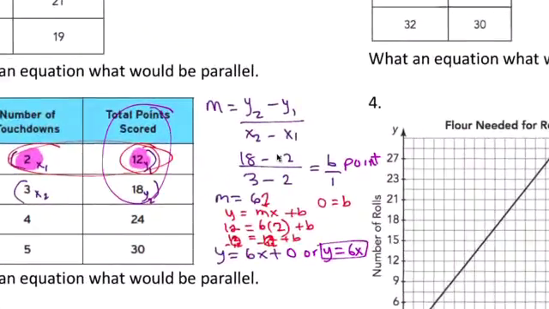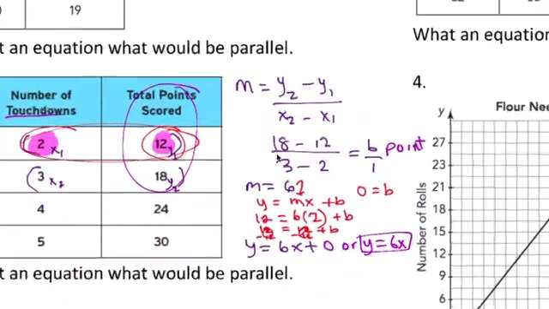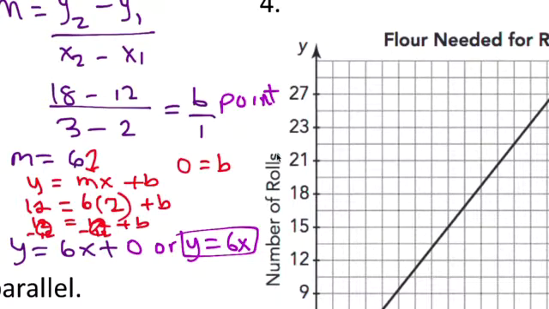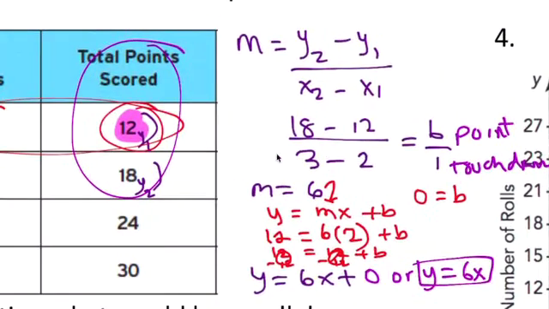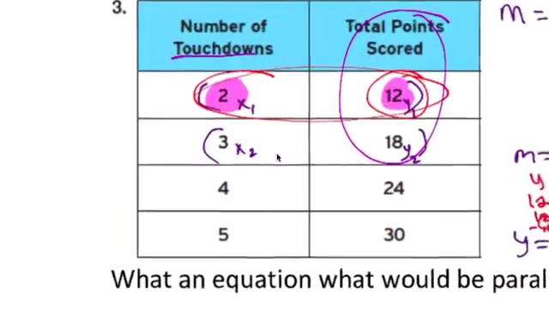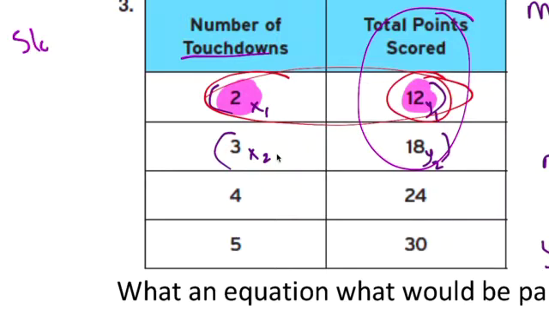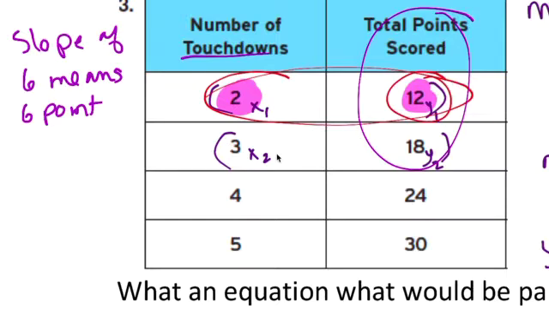Your x is the number of touchdowns. Makes sense, right? So a slope of 6 means 6 points for every touchdown.